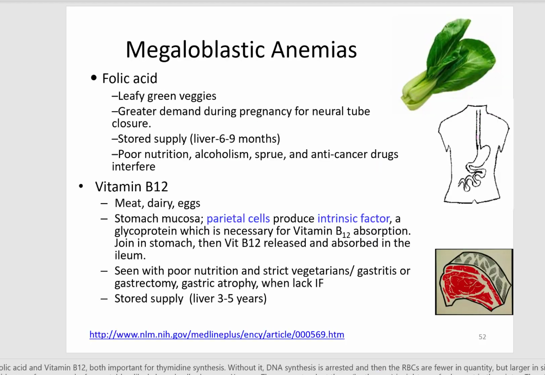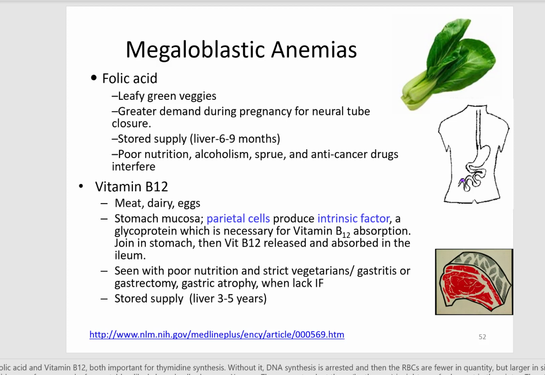In megaloblastic anemias, a person can become deficient in folic acid or vitamin B12 in a myriad of ways. Folic acid, we ingest that when we eat a healthy amount of leafy green veggies. Vitamin B12, we ingest that when we eat a healthy variety of meat, dairy, and eggs.